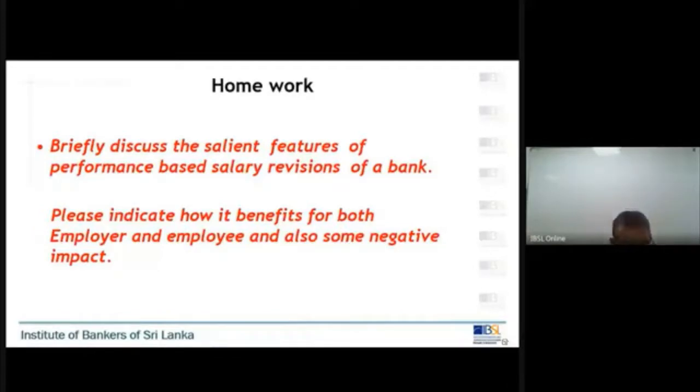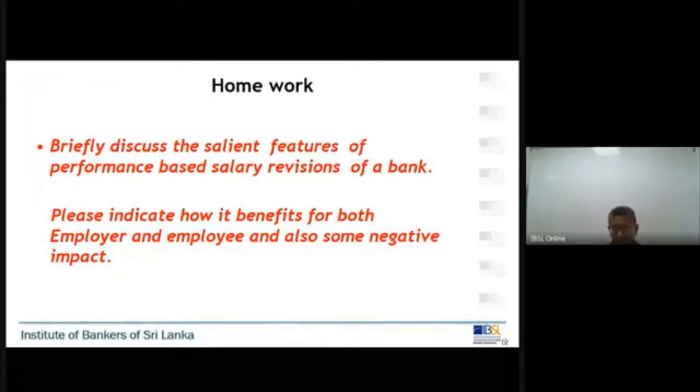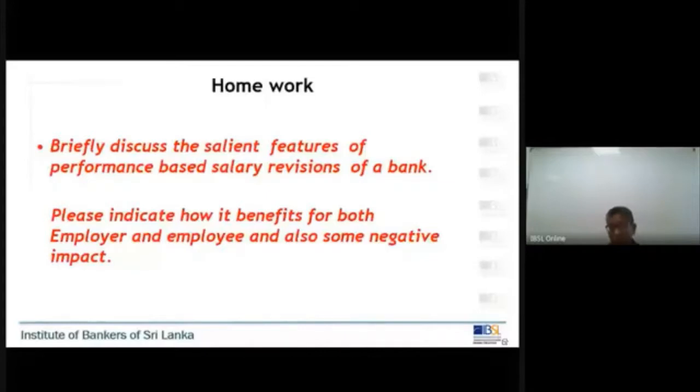So we have spent a little more time today discussing, we wanted to cover job evaluation as well as training and development, as well as health and safety.